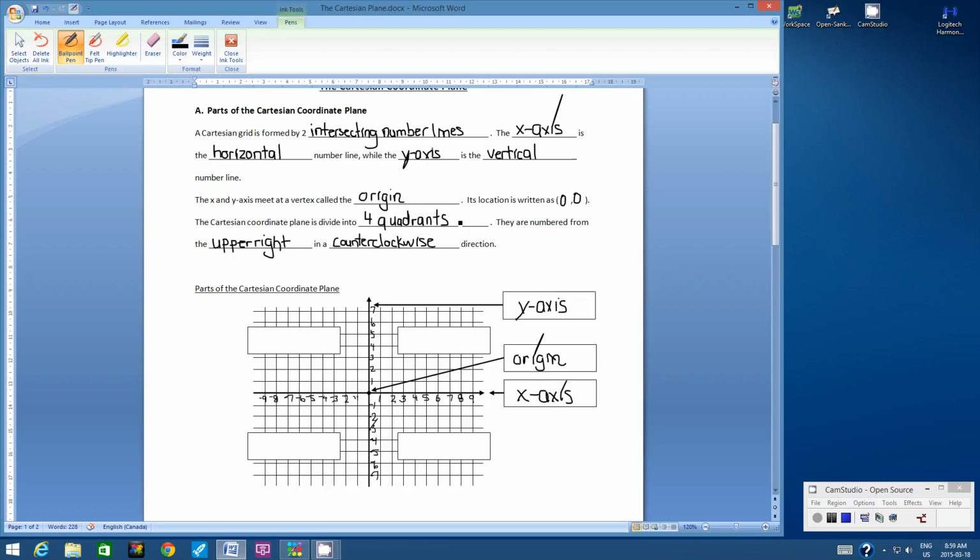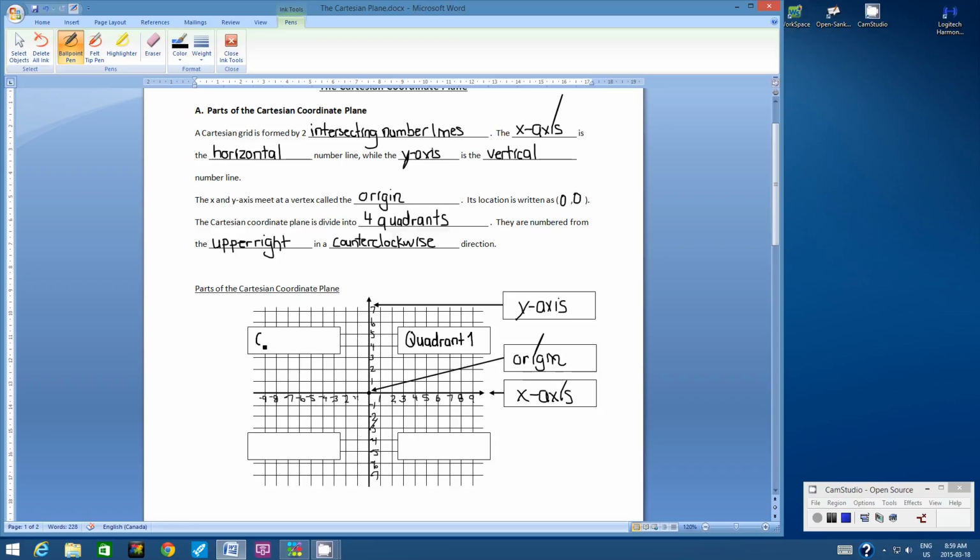Now remember, the quadrants are numbered from the upper right. So that's this quadrant first. So this is quadrant 1. And they are numbered in counterclockwise order, which is this direction right here.